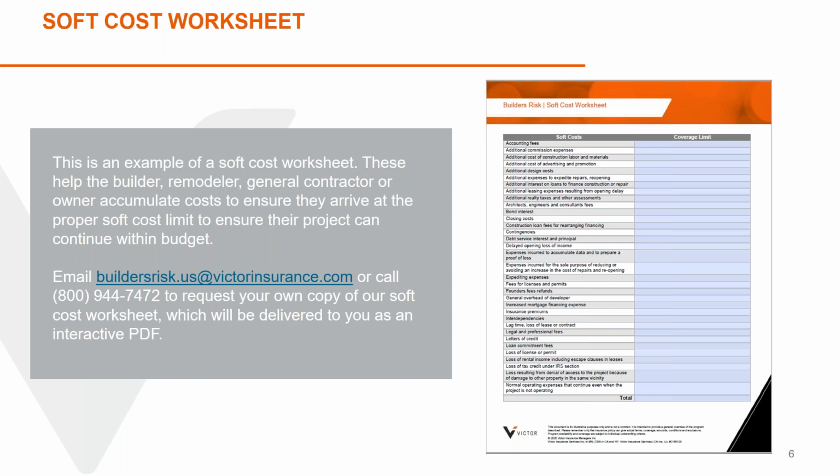So it is a delay in completion coverage, but it's not loss of rents and it's not loss of income. It is soft cost. It's a different coverage. Just remember that, because a lot of times people say, I need this coverage because they're building a hotel and there's going to be rents and this and that. And we have to walk them through that. Do you need loss of rents or do you need soft costs? Two different things. Hopefully this is all starting to sink in.